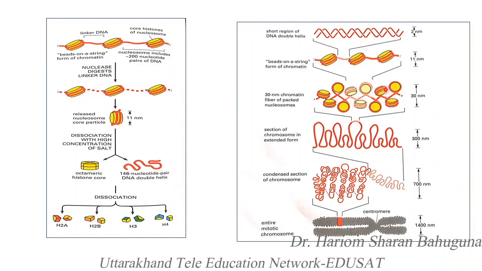And here, at this second level of organization, these chromatin fibers are arranged one over another, on top of each other, and form a 30 nanometer thick fiber.